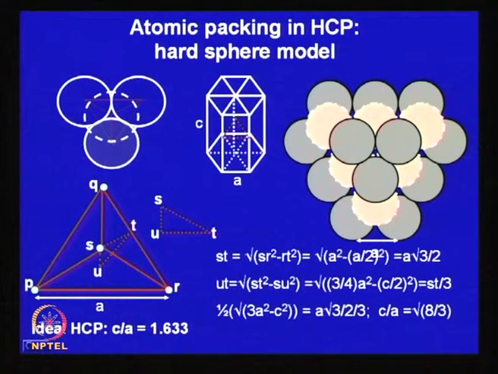Here let us see, suppose you have one layer of atoms, and on that you put another close packed layer. Obviously, the distance between the two layers will have a direct relationship with the atomic diameter.